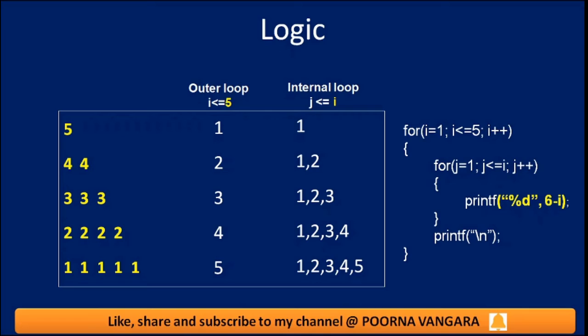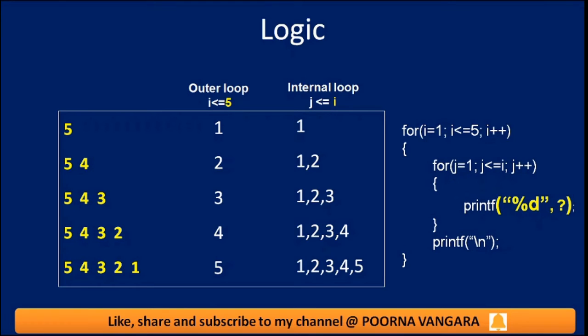Because we are in the second line, that 4 has to be printed twice. If I am in the third line, I equal to 3, 6 minus 3 equal to 3. Because I am in the third line, that 3 must be printed 3 times, like that.